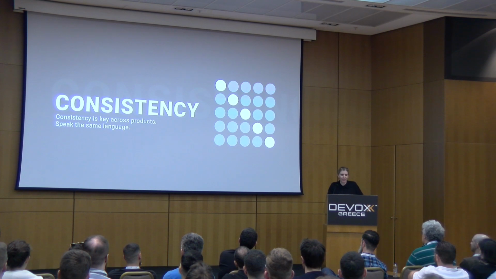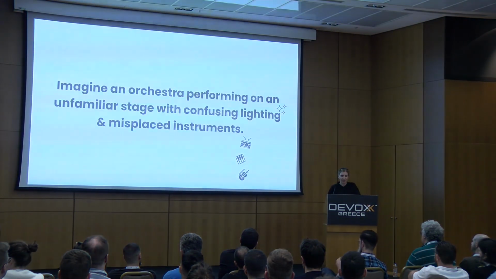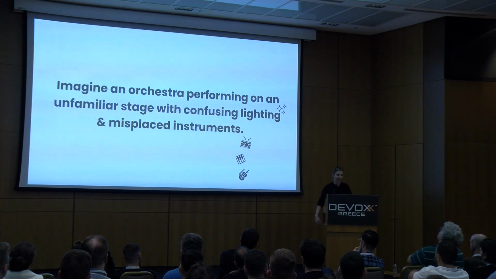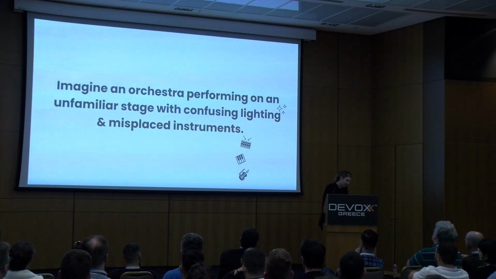Finally, the last area that UX can help with is consistency. Basically, speaking the same language across multiple tools and platforms. Imagine an orchestra performing on an unfamiliar stage, and there's confusing lighting, and the instruments are not placed where they're supposed to be.